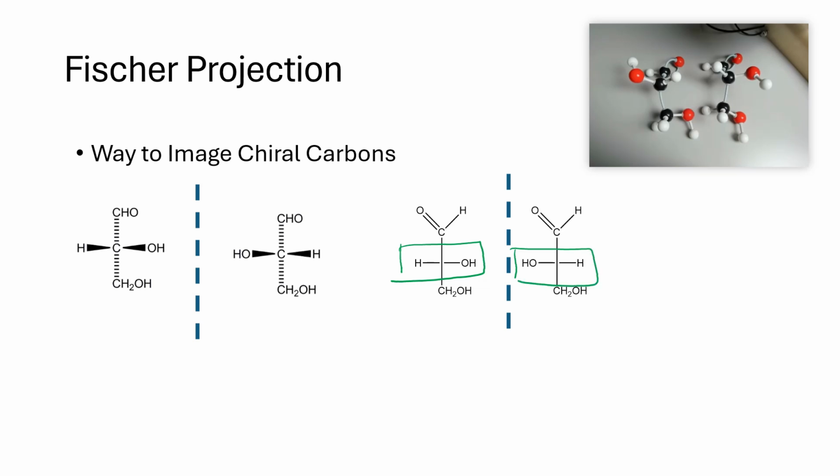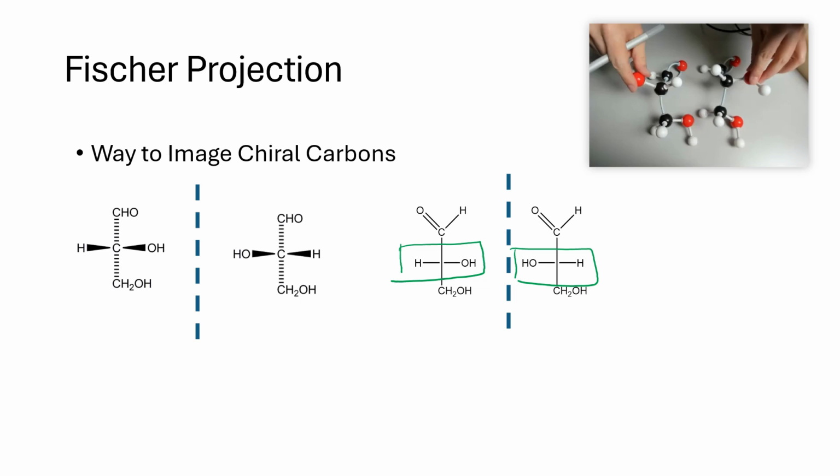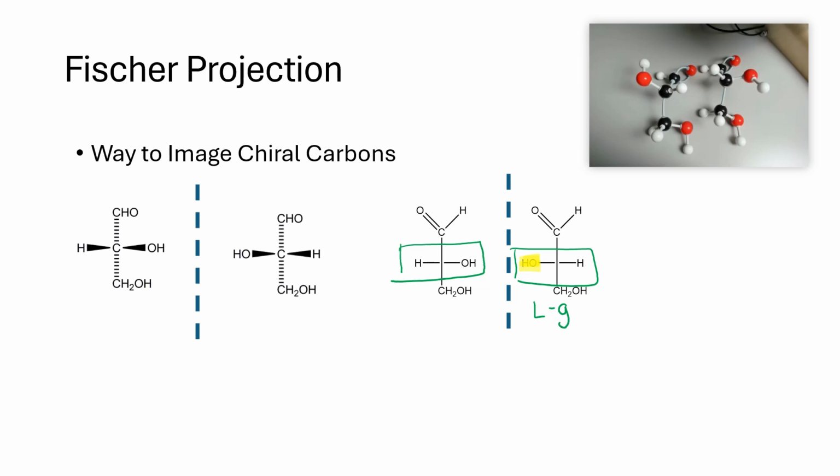From there, we want to look at the hydroxyl group, because it's this hydroxyl group that gives these monosaccharides some of their properties. If the hydroxyl group is on the left side of that chiral carbon, that is going to be the L designation. So we would say that this is L glyceraldehyde.